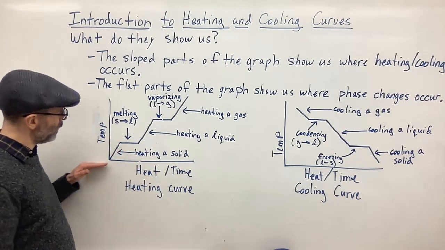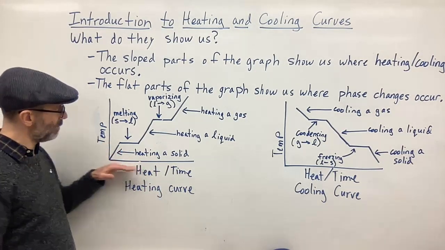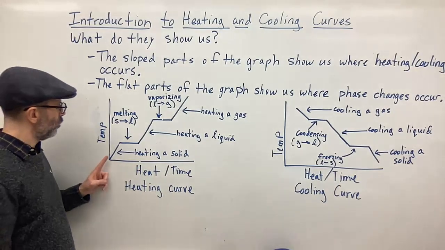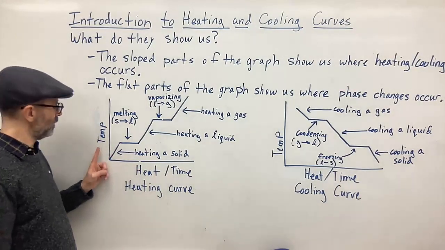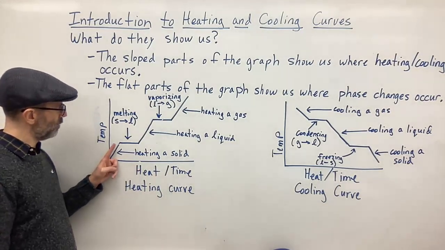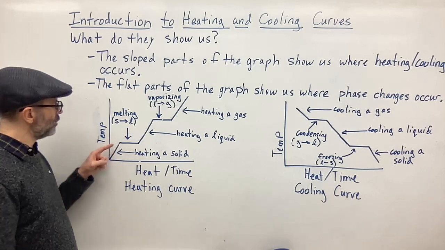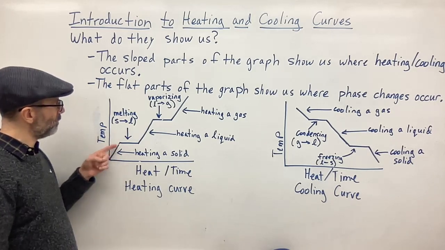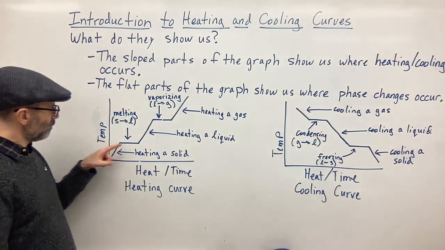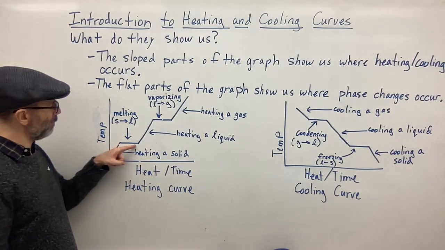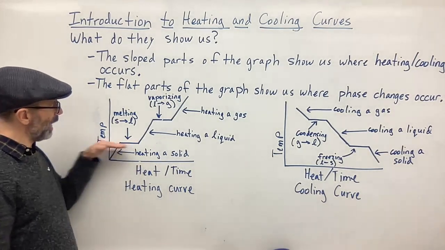And so as we add heat, or over time as we're adding heat to the substance, you'll notice that the temperature goes up. That temperature is going up as we add heat. And once we reach a certain point, it starts to plateau. So here we have a plateau, and we have this flat range.